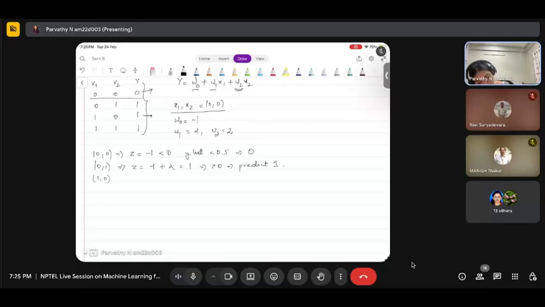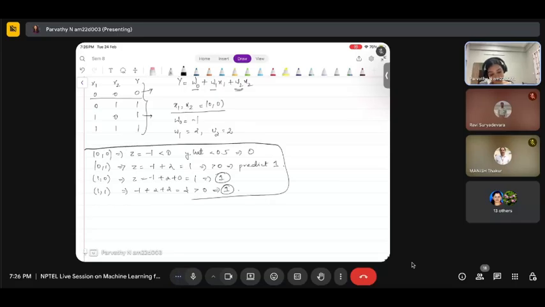Now for 1, 0, z is equal to minus 1 plus 2 plus 0, so it will also predict 1. Then for 1, 1, minus 1 plus 2 plus 2, that is 3, which is greater than 0, so it will also predict 1. So we can randomly try some W0, W1, W2 values and then find whether they satisfy the equations or not.